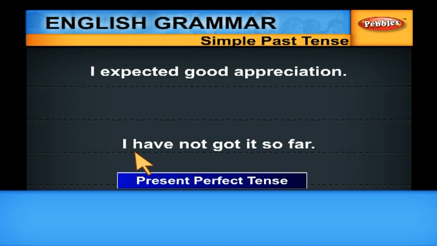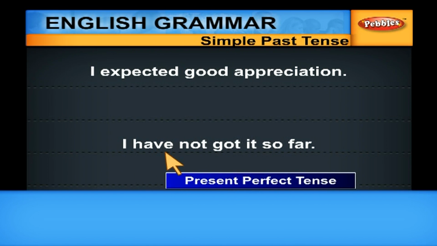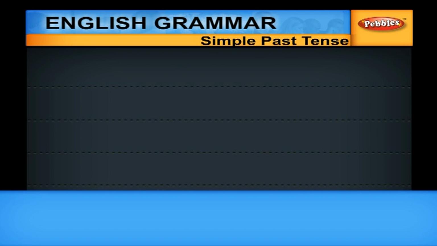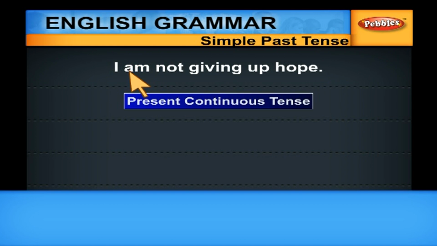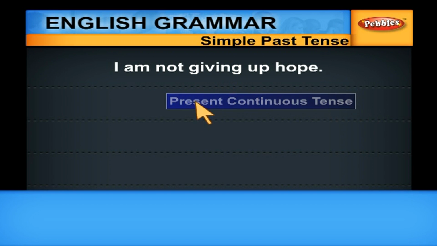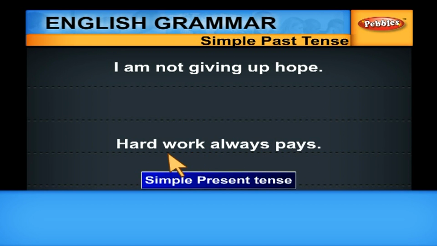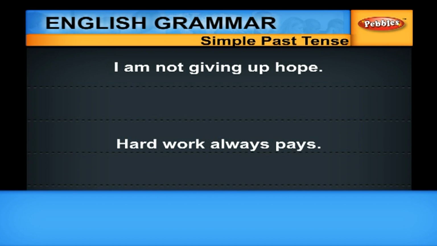Present perfect tense. Now, let me give you another example. I am not giving up hope. This is in present continuous tense. Hard work always pays. Simple present tense. Now, we move to the next aspect, continuous.